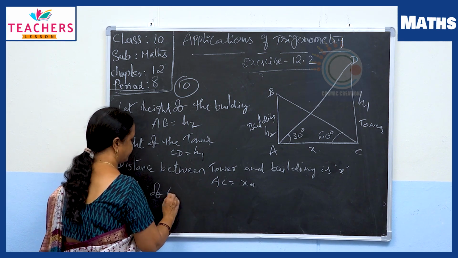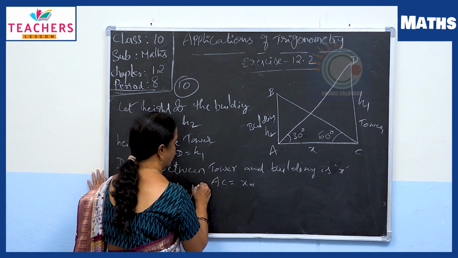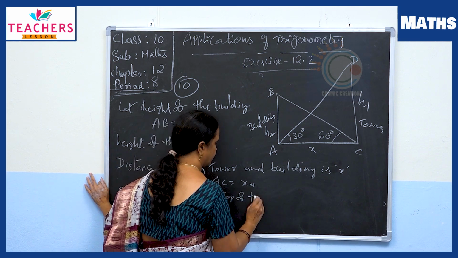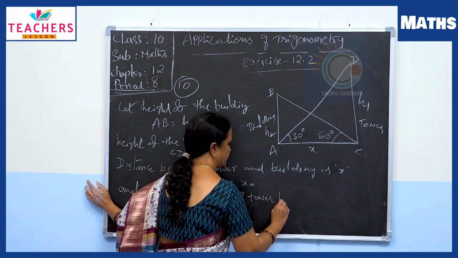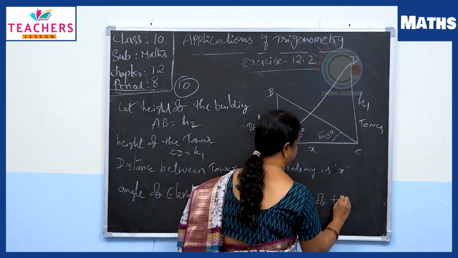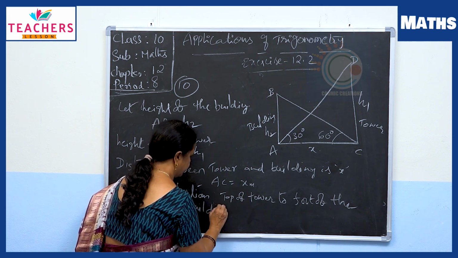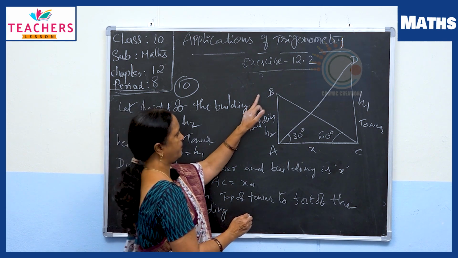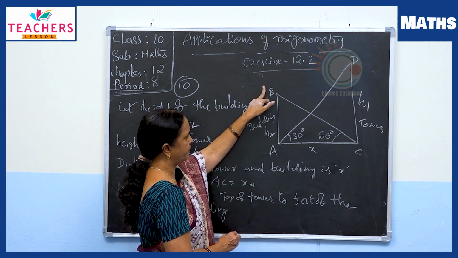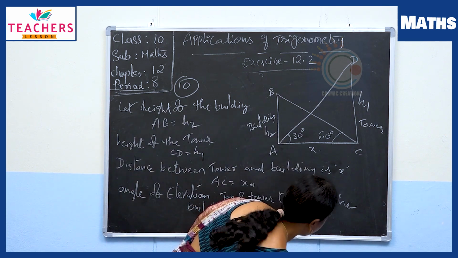Angles of elevation: top of the tower, foot of the building. Foot of the building to top of the tower. I have written like this.